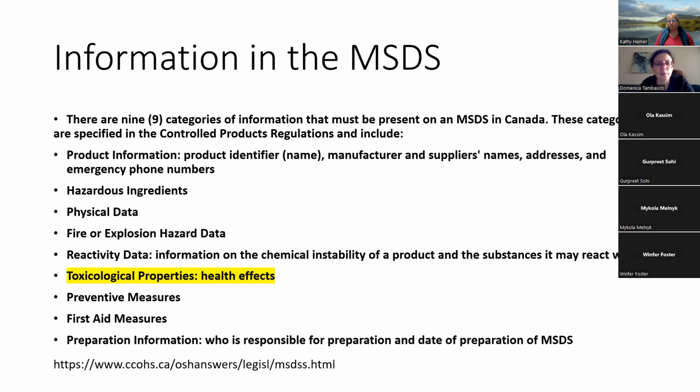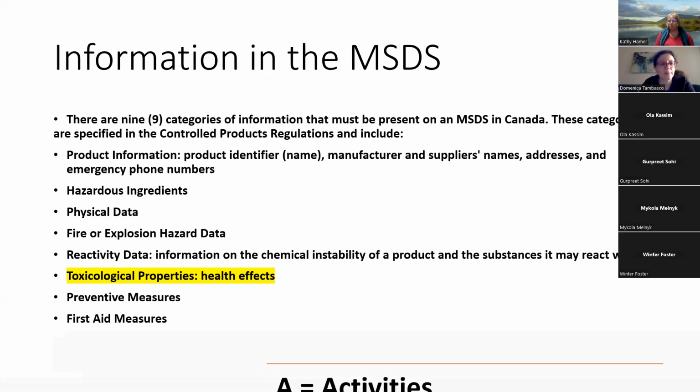So this should be made available by workers, and clinicians could also access this information if they want to help figure out if their patients are being affected by a substance. Next slide, please.